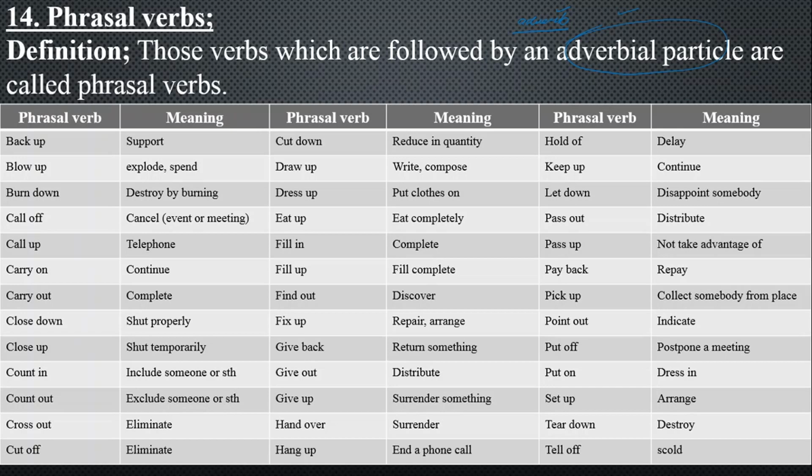Up, in, on, to, these are prepositions, but when they come with a verb and change the meaning into an idiomatic meaning, then they are called the adverbial particle. Now after back we have got up, down, off, on, out, in, over.